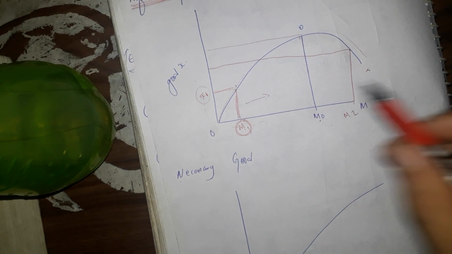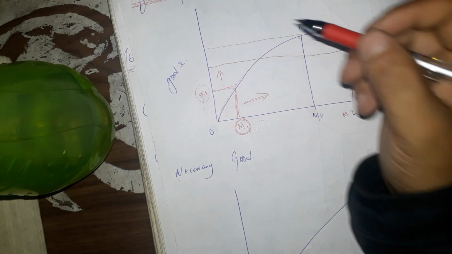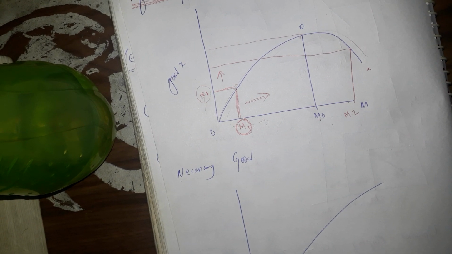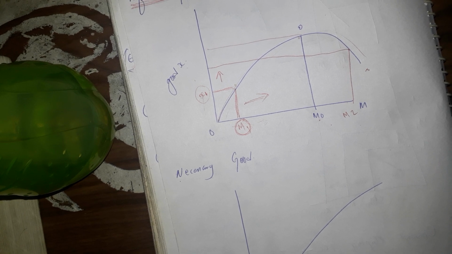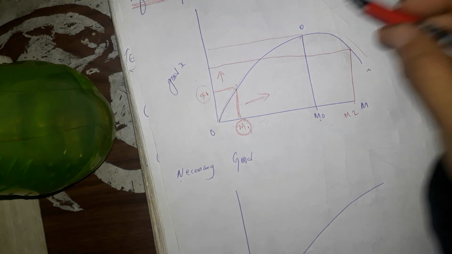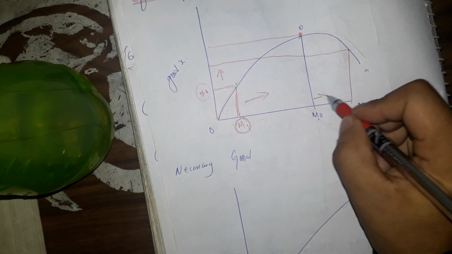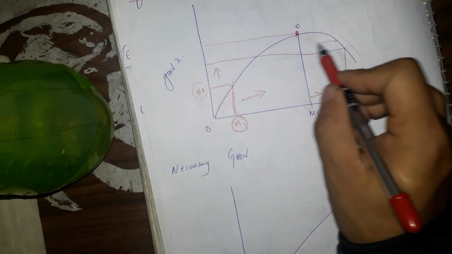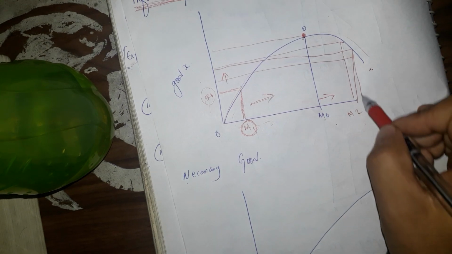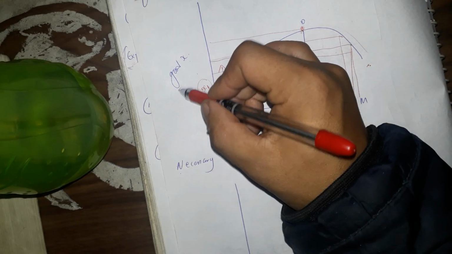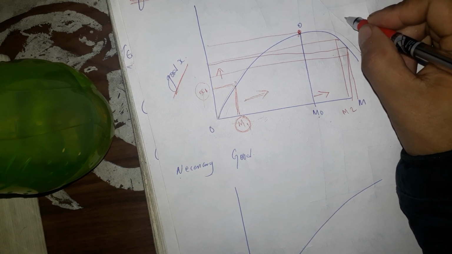As his income increases, initially he will be purchasing more units of good X. But after reaching a certain point, if his income further increases, he will be purchasing fewer units of good X. That is, expenditure on good X will decrease if income of a consumer increases.